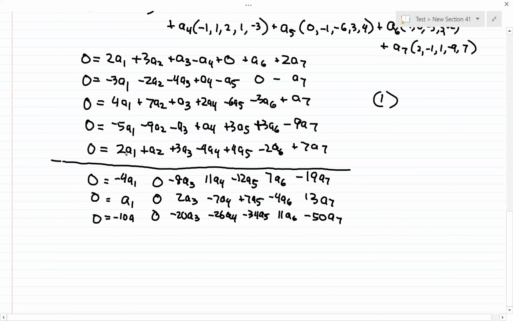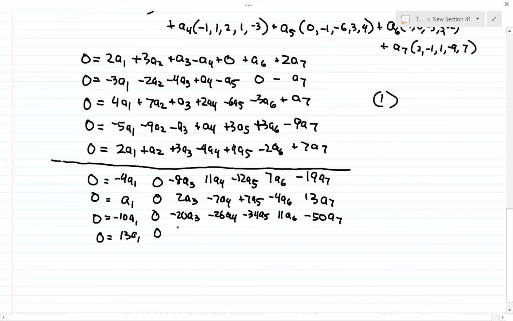What's next? We've got the first 3 with zeros, and now we're doing 9 times this and adding it to that. 18 and minus 5 is 13. There's multiplying by 9 and adding. So this would be 9, and this would give us 0. 9 times this is 27.